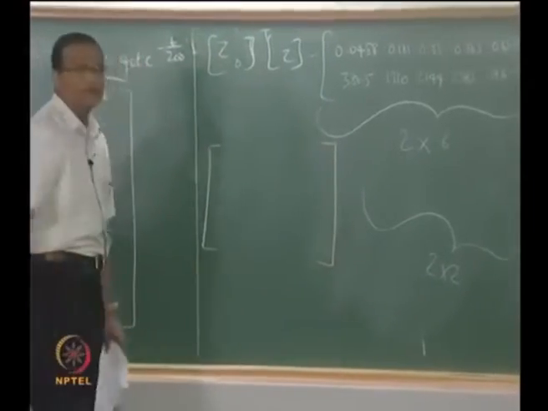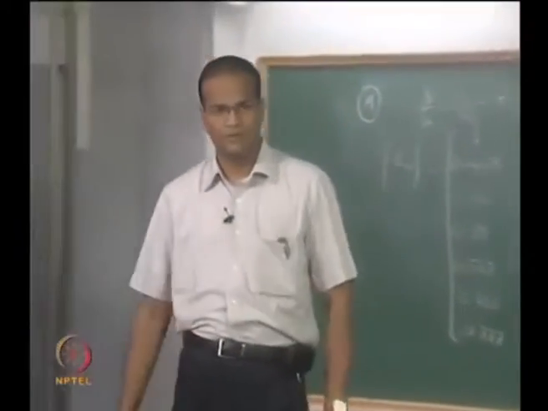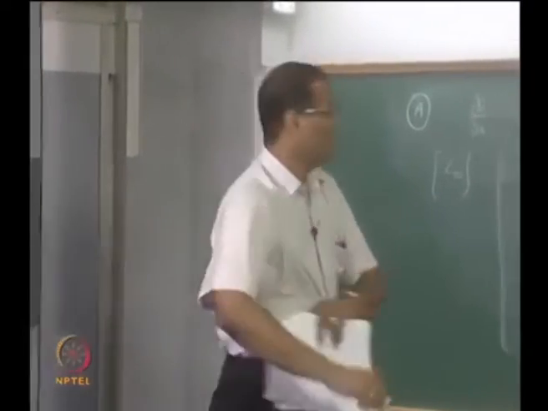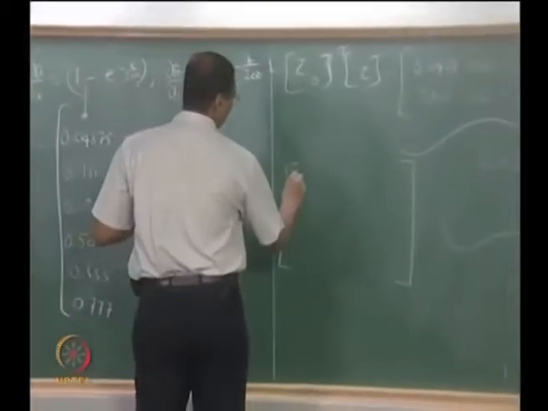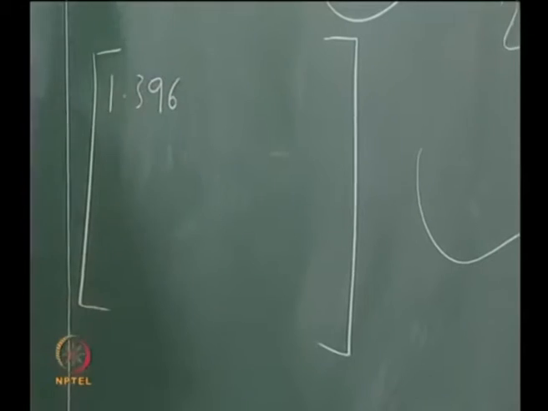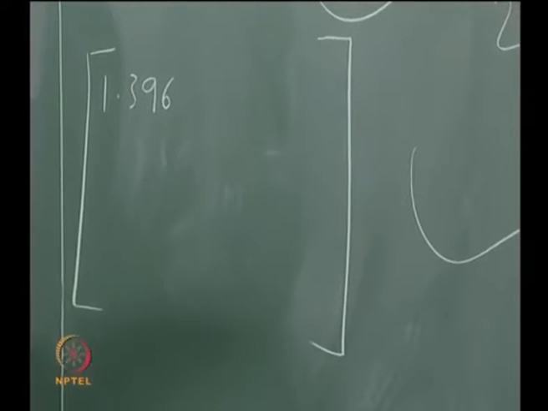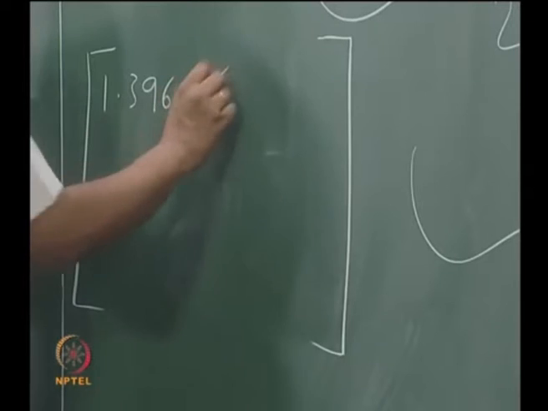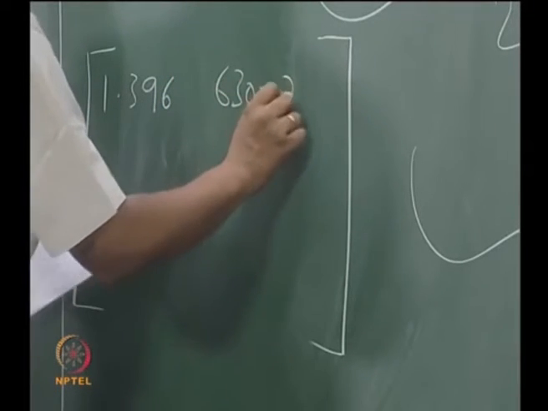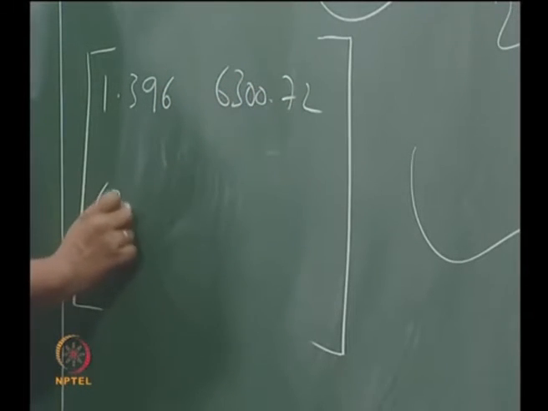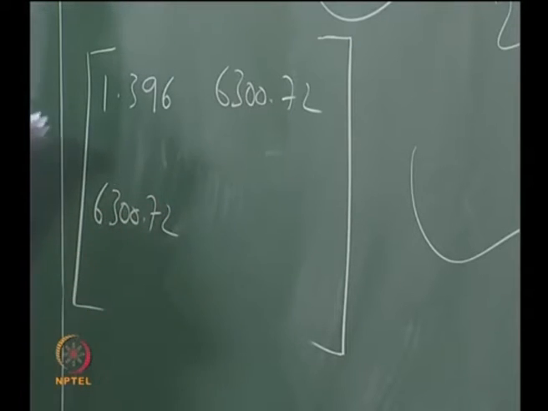Yeah, can you tell me the values? Good, 1 point. Not 4000. 6,300. 6000? 6,300.72. Is it? 6300 is correct? Yes, sir.